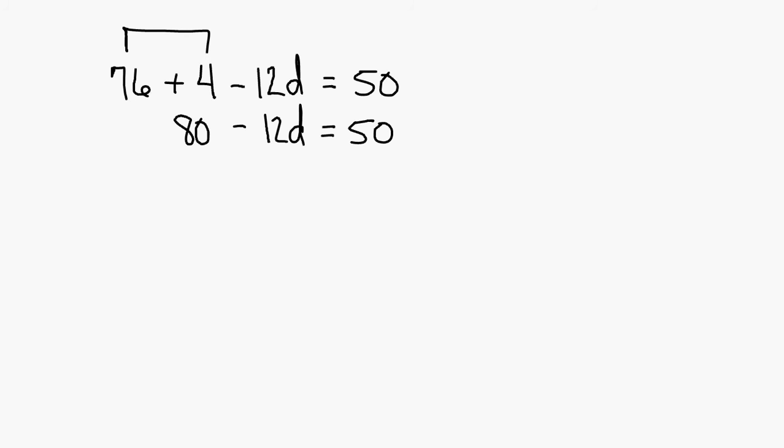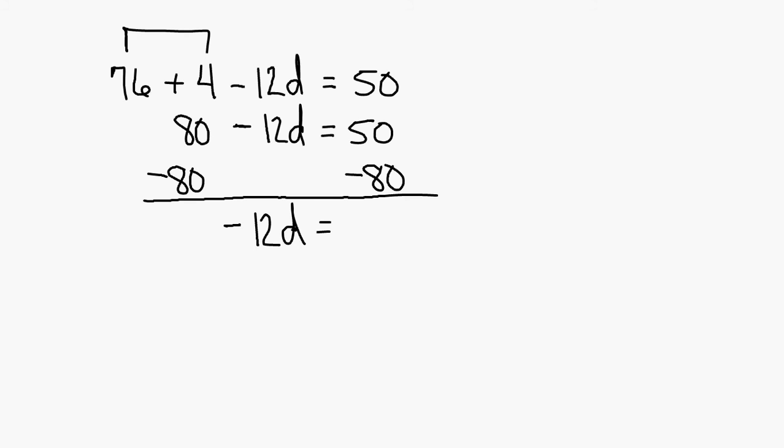Next step would be to isolate the variable, so you would subtract 80 from each side. And a negative 12d would equal 50 minus 80, which is negative 30.